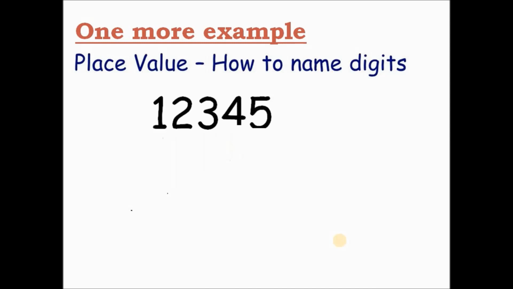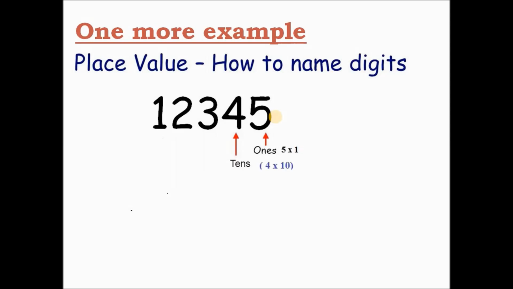We have the digits 1, 2, 3, 4, 5. So let's start giving each of these digits a place. We'll start from the right hand side. On the right hand side, the first digit is 5. So digit 5 is in the ones place. Therefore, the value of it is 5 into 1. The digit 4 is in the tens place.